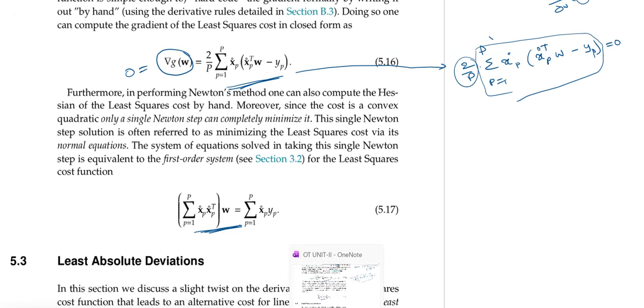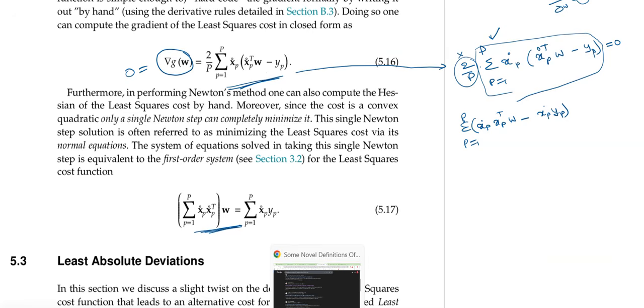It may not be 0 because the numerator is 2, so it cannot be 0; only this part will be 0. That makes sigma p equal to 1 to capital P x_p x_p transpose w minus x_p y_p equal to 0.